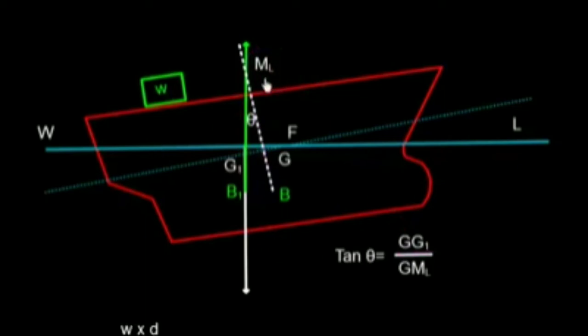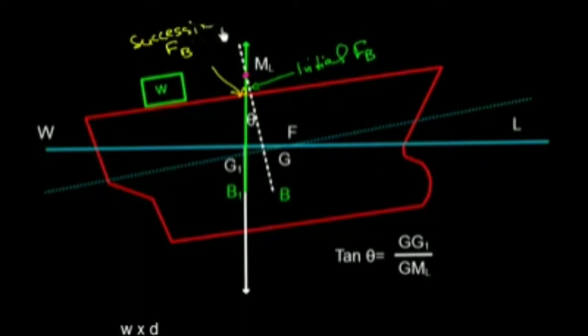Well, this ML is nothing but the intersection of initial line of buoyancy. This is initial force of buoyancy, and this is after shifting B to B1. This is the next or successive force of buoyancy. So the intersection of these in a longitudinal direction is longitudinal metacenter. So we have this relationship tan theta is equal to GG1 by GML.